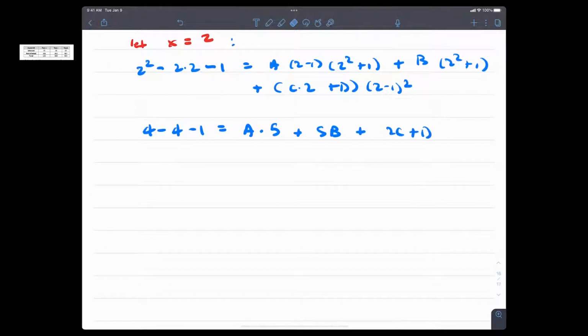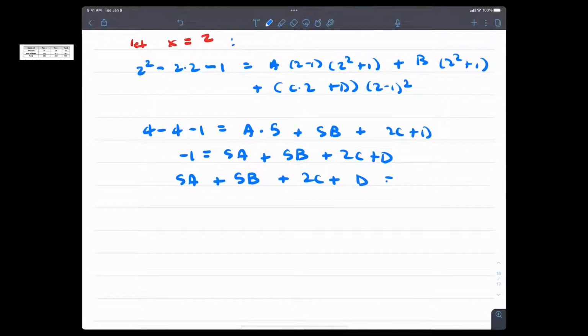So this says 2c plus d. So this means negative 1, ladies and gentlemen, is going to be what? 5a plus 5b plus 2c plus d is negative 1. So remember what the value of b is.